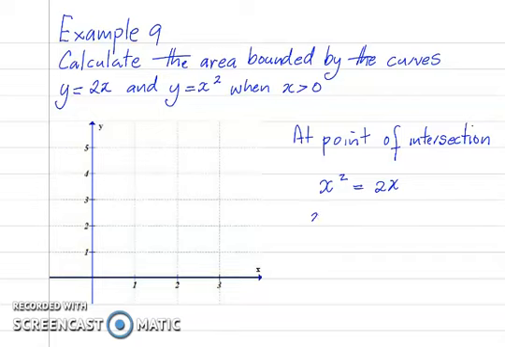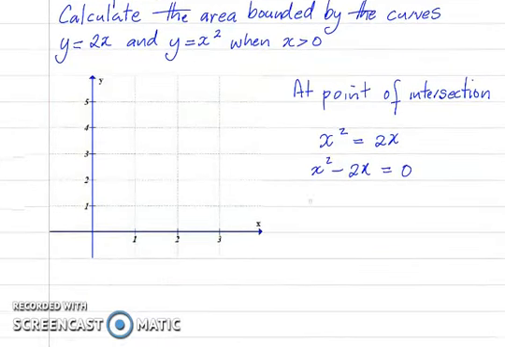We're going to have x squared minus 2x is equal to 0. X is common, so I have x, and then I have x into x squared is x, minus x into 2x is 2, is equal to 0.